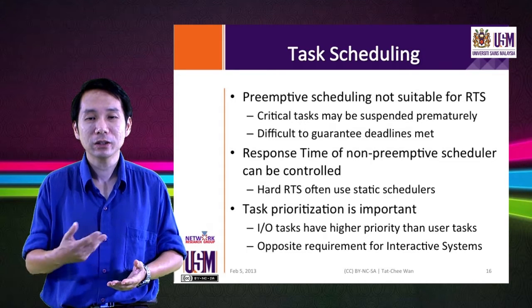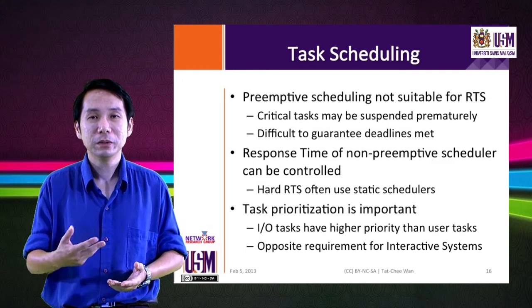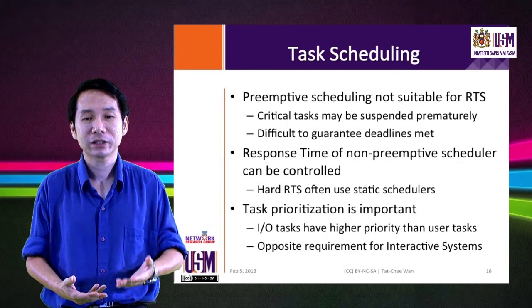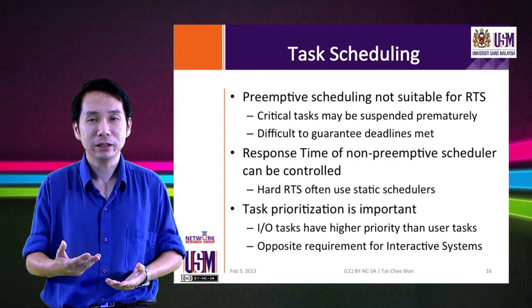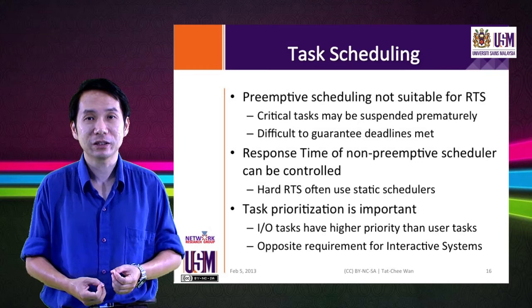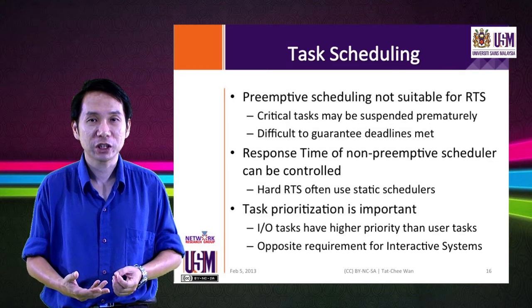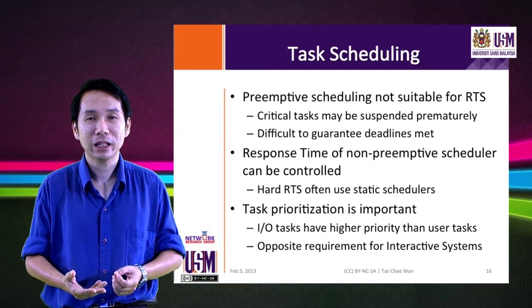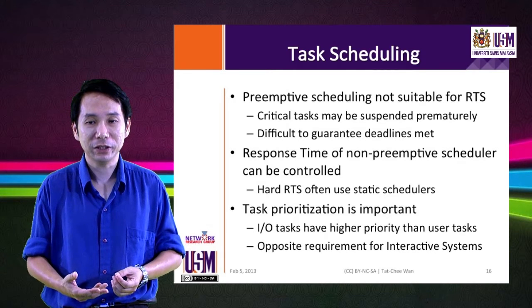So in order to avoid this problem, a non-preemptive scheduler would be used instead, because the response time of this non-preemptive scheduler can be controlled. And in reality, hard real-time systems often use static schedulers, meaning that the events that it will process are well known in advance of the actual operation of the system. This avoids having to deal with unexpected inputs and unexpected events.